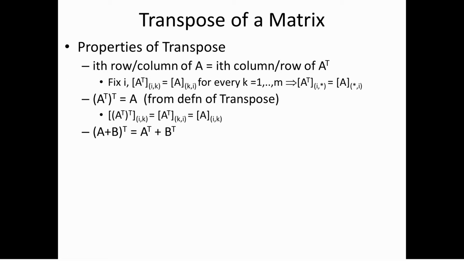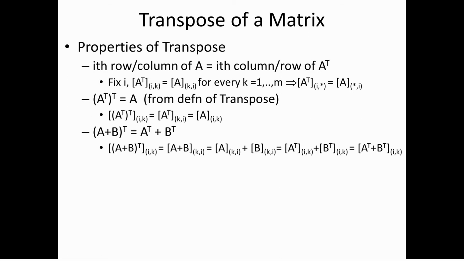The transpose of a sum is the sum of the transposes. Well, we start off looking at the kth element of the quantity A plus B transpose. We know that's the kth element of the matrix A plus B, and of course matrix addition is done component wise.